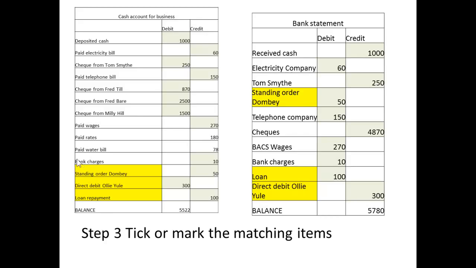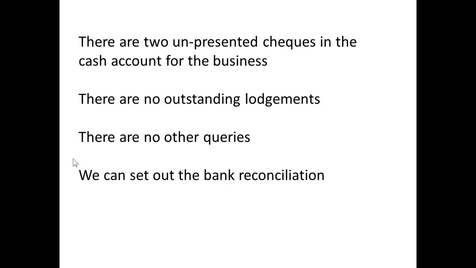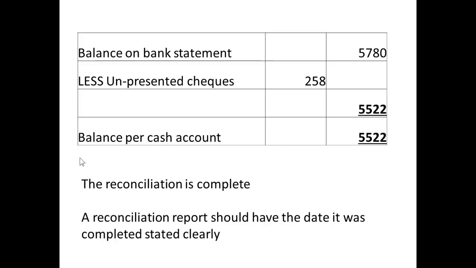So you can see everything matches except for two things on the cash account for the business, and they are both payments which were made. Payments for rates and a water bill for £180 and for £78. So those are two unpresented checks. There are no outstanding lodgements, there were no other queries, so we are now in a position to set out the bank reconciliation.